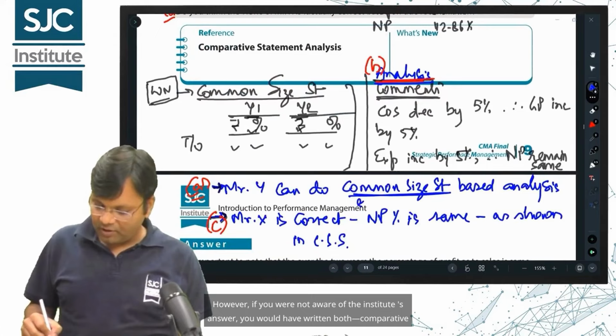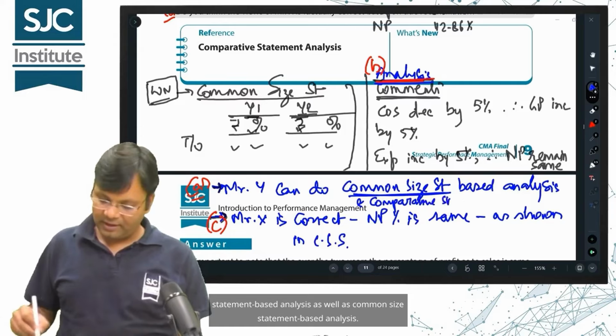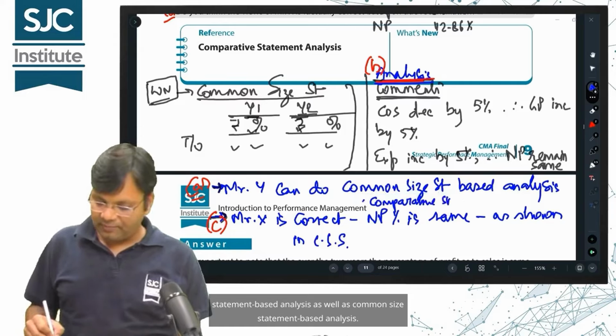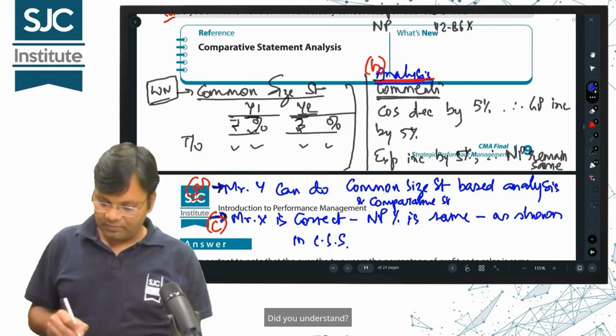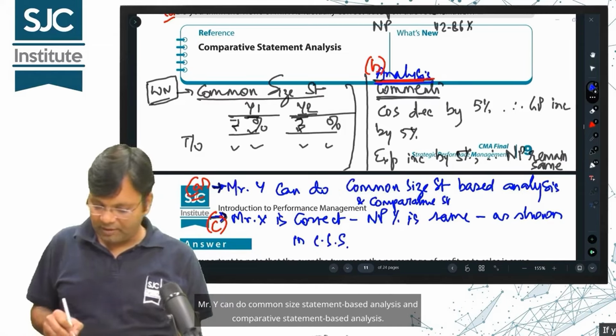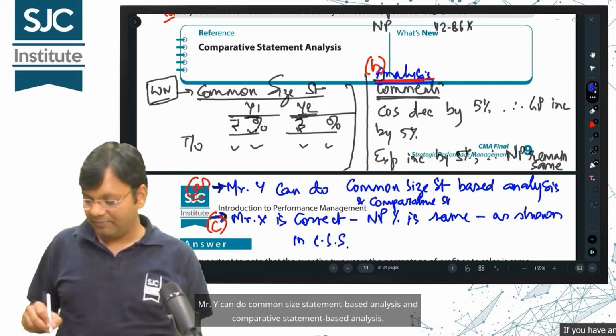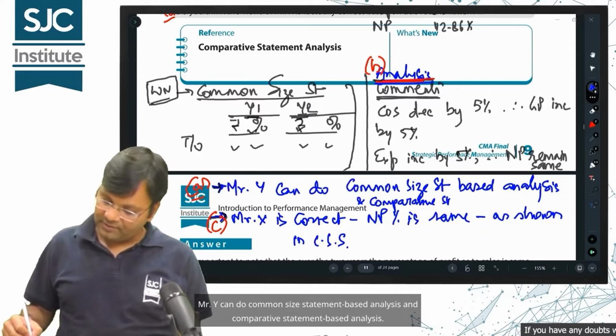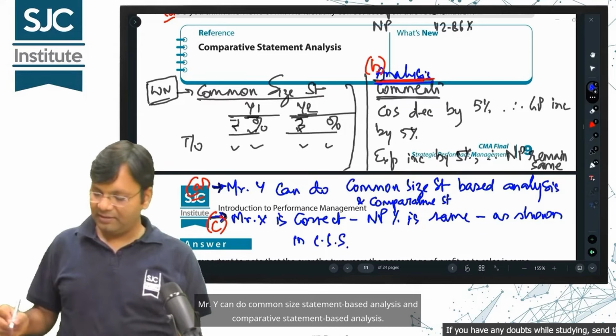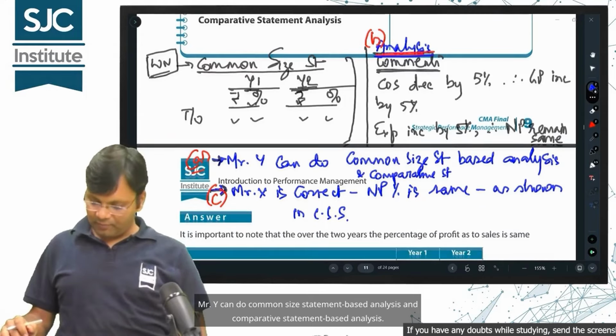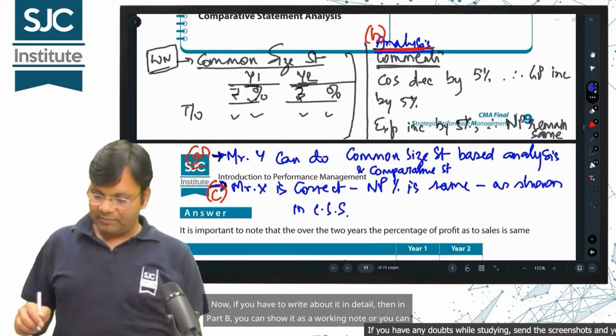However, if you were not aware of the Institute's answer, you would have written both comparative statement based analysis as well as common size statement based analysis. Did you understand? Mr. Y can do common size statement based analysis and comparative statement based analysis.